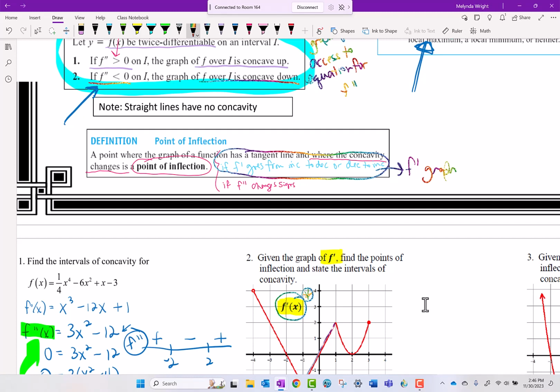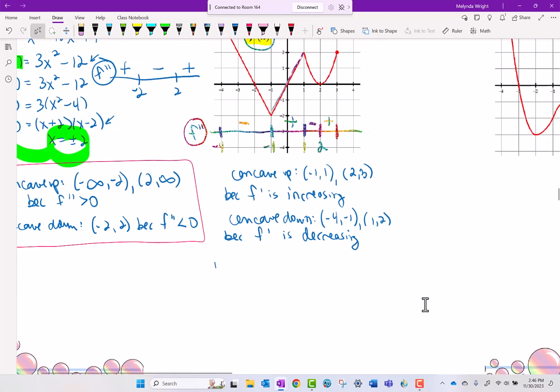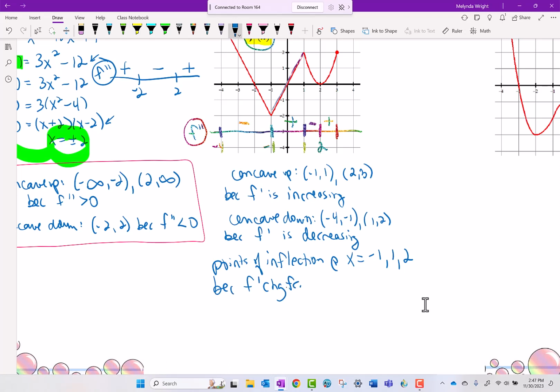Okay, exactly. So we're going to say we have points of inflection at x equals, let's see, where do we change, at -1, at 1, and at 2, because f prime changes from, and you can abbreviate like I am, increase to decrease or decrease to increase.